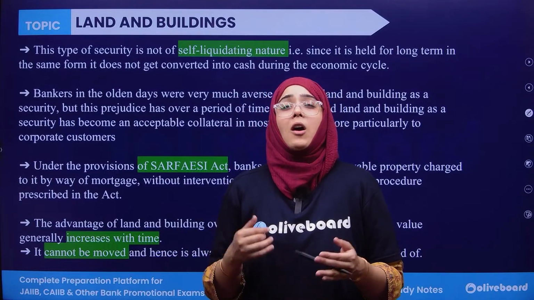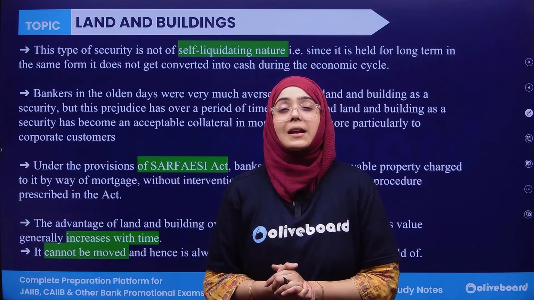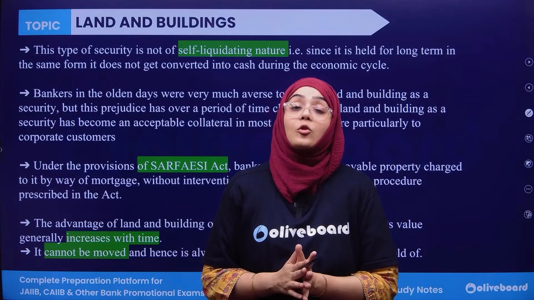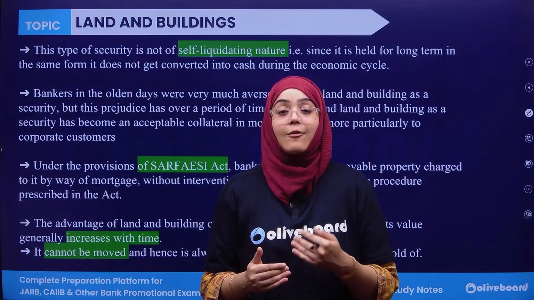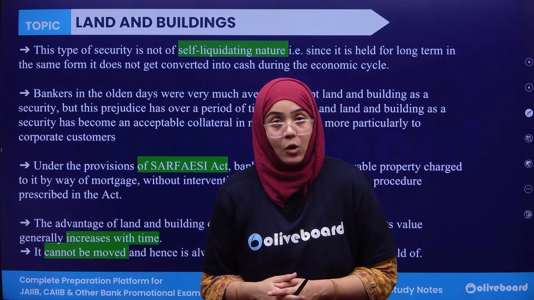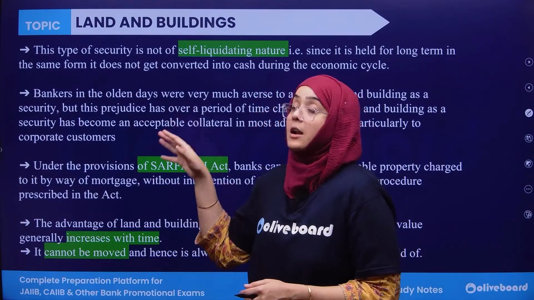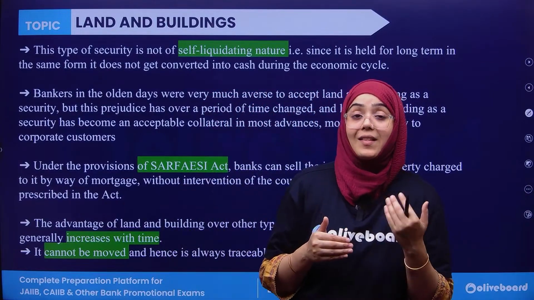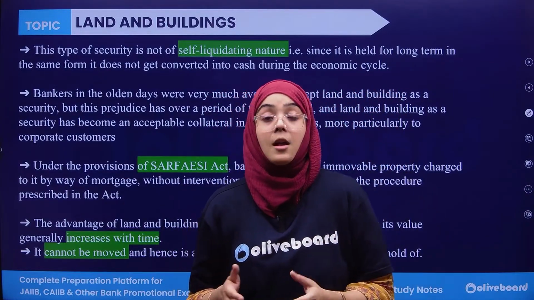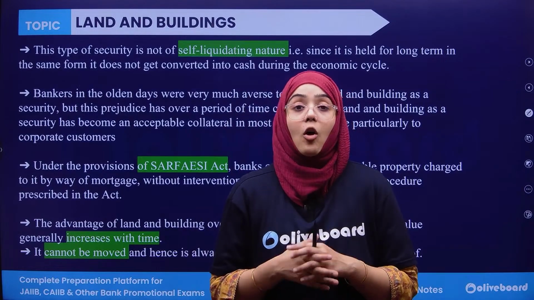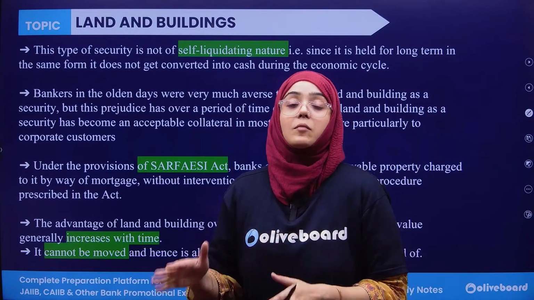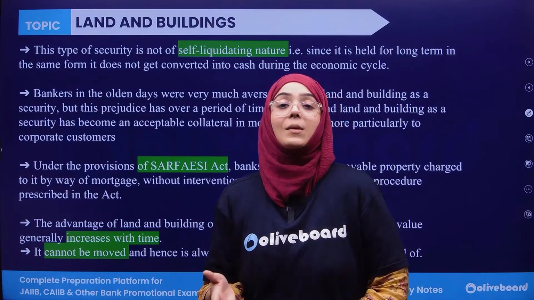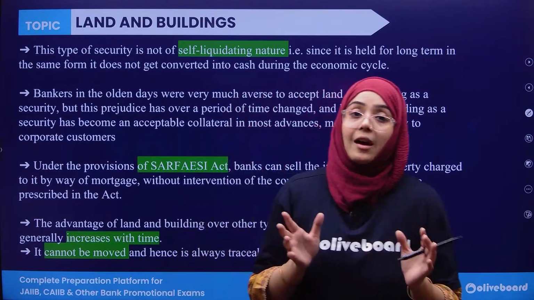Because selling this land and building was a very hectic task, and you had to go to court for selling if the borrower defaulted. But the SARFAESI Act gave the bank the liberty to sell the assets of the borrower without the intervention of the court. So now banks are very happy to accept land and building as collateral against the loan.